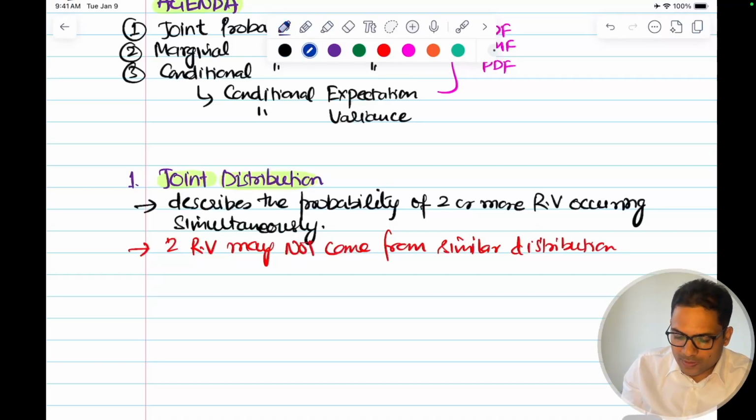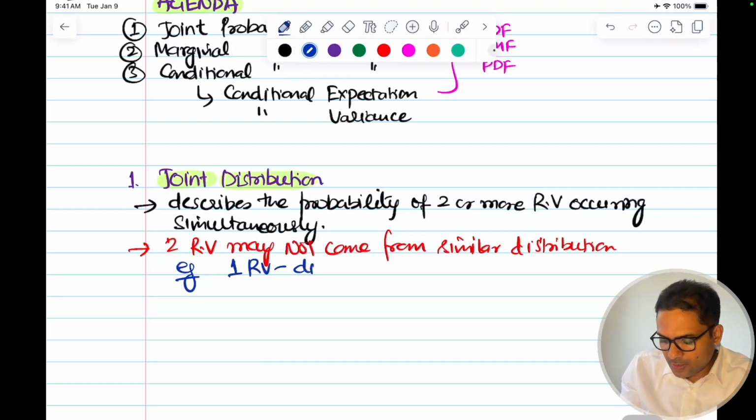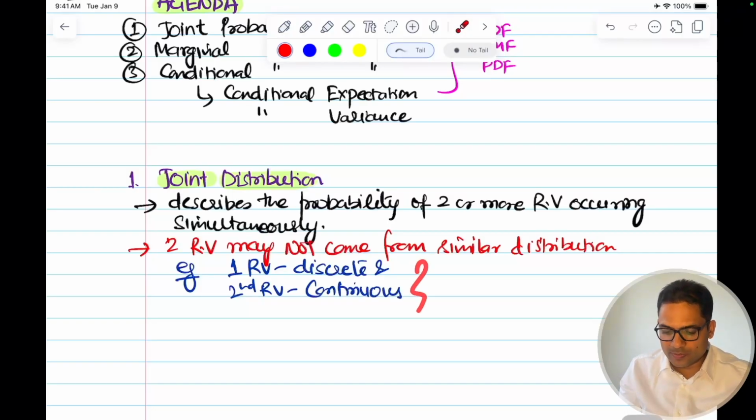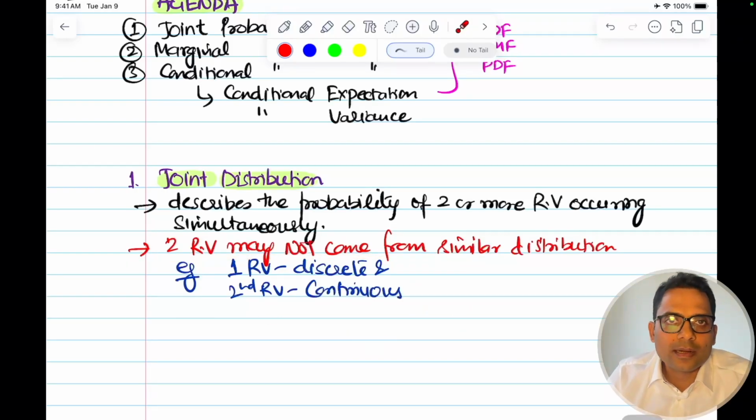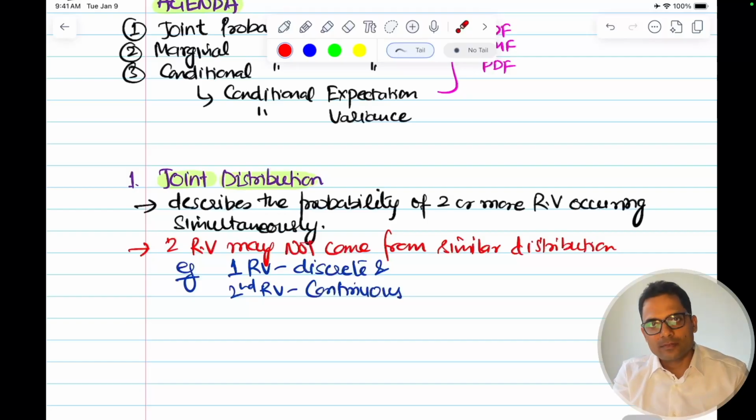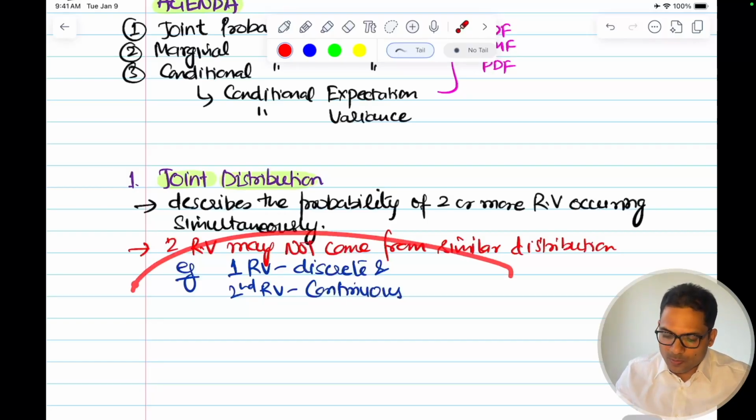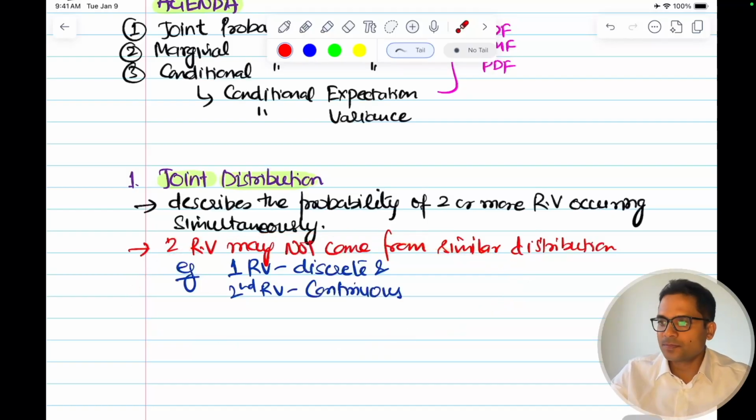For example, one RV can be discrete and the second RV can be continuous also. Even that is possible. But when we discuss, we'll be discussing two similar kinds of random variables, similar distributions, discrete and continuous. But this is also possible. I wanted you to know this.